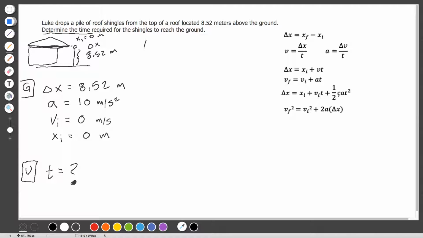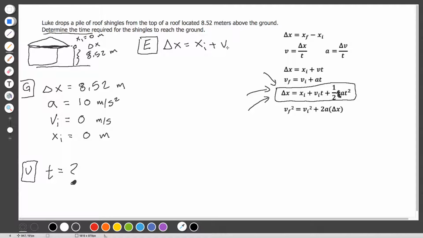Okay. So our equation, to me this looks a lot like the same problem that we got rid of. Anyways, we are going to use this equation. The equation is delta x equals x initial plus velocity initial times time plus 1/2 at squared.